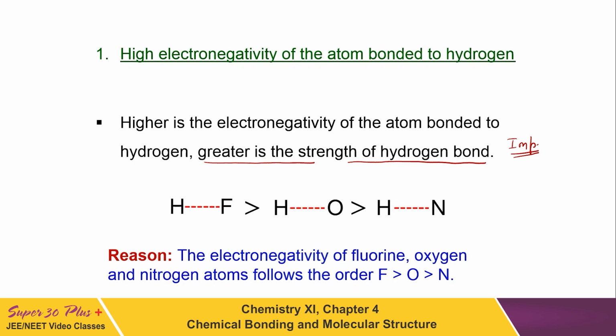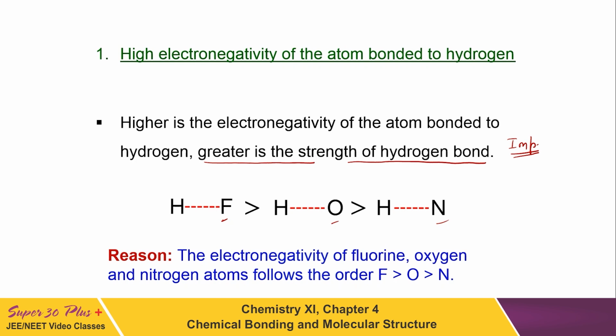So now we have learned a lesson that all H bonds are not of the same strength. It is not like H bonds always have similar strength. No. If the electronegativity of the atom which forms the H bond is more, then the H bond is more stable. Out of fluorine, oxygen and nitrogen, fluorine being the most electronegative atom, the H bond formed between hydrogen and fluorine will be the strongest out of these three.